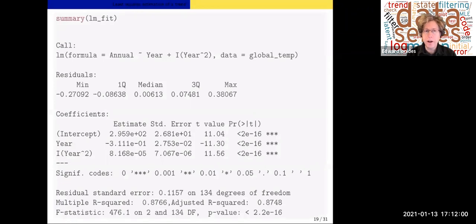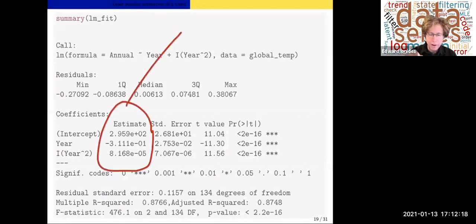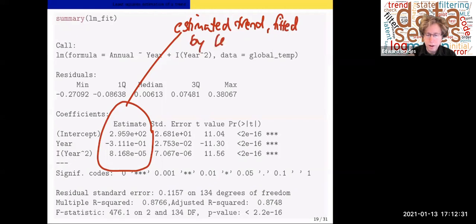Here's the summary of the fitted LM object. When we're estimating trend, we're most directly interested in these things here. These give the estimated trend fitted by least squares.